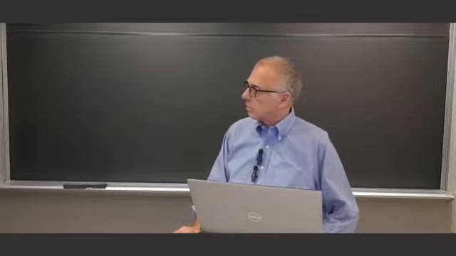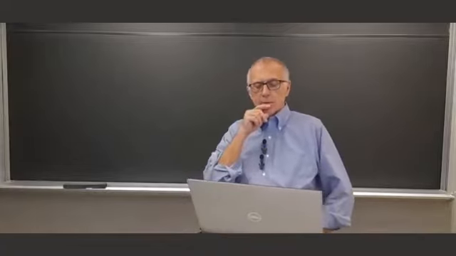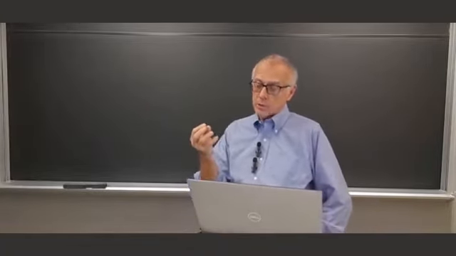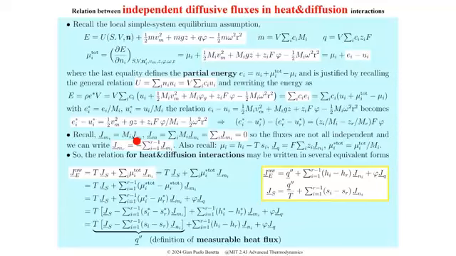Because these, remember, they don't have the superscript not. So these are the diffusive fluxes. So it's the flux relative to the center, or the barycenter, of the fluid element. And with respect to that, the mass flux, by definition of barycentric velocity, is equal to 0.